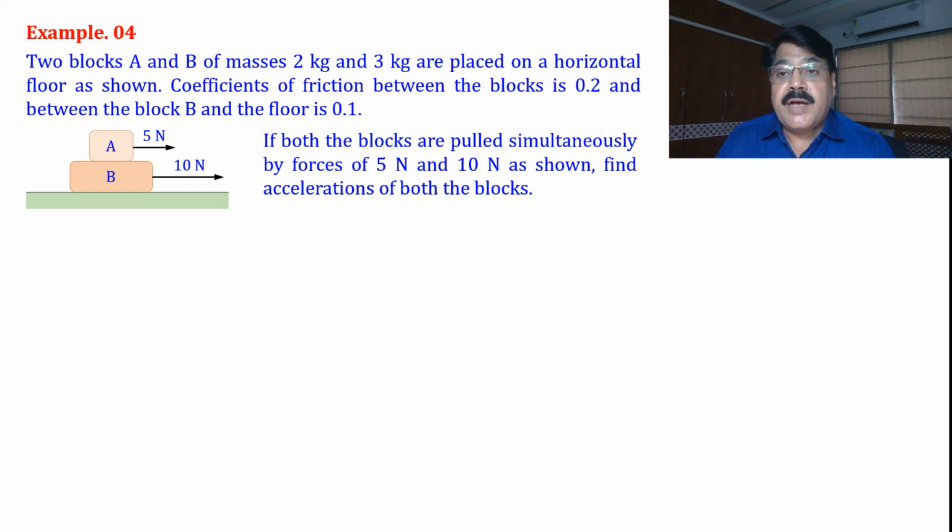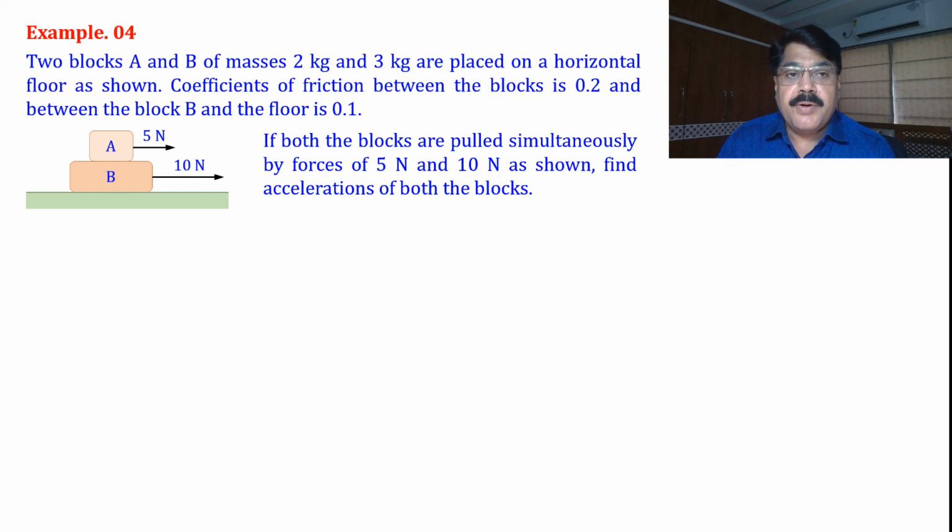So suppose at these values of forces sliding between the block B and floor has been initiated, but sliding between the blocks A and B has not been initiated. So both the blocks will have the same acceleration. But if at these values of forces sliding everywhere has been initiated, then both the blocks will have unequal accelerations.